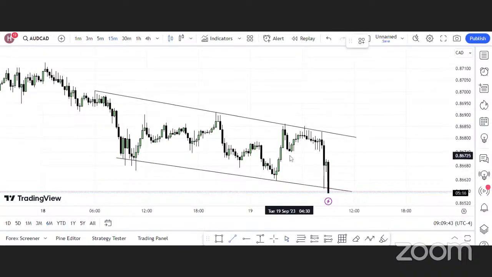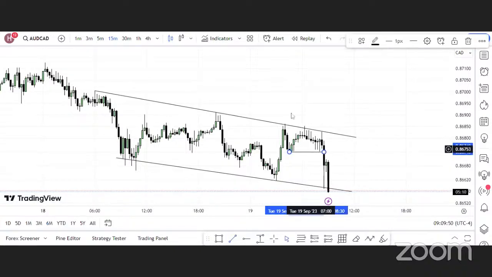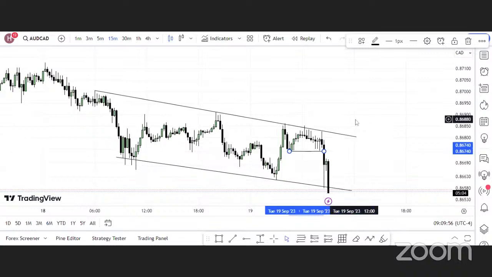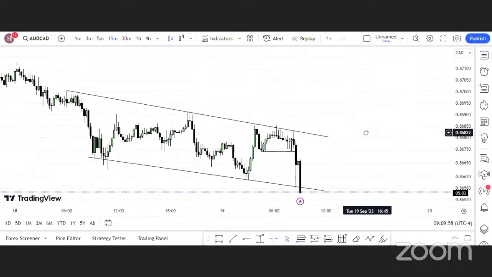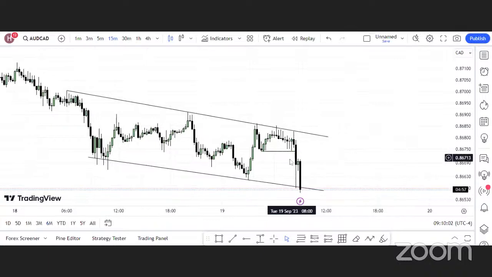So right now we have a break of the trend line to the downside. And then we have this here.